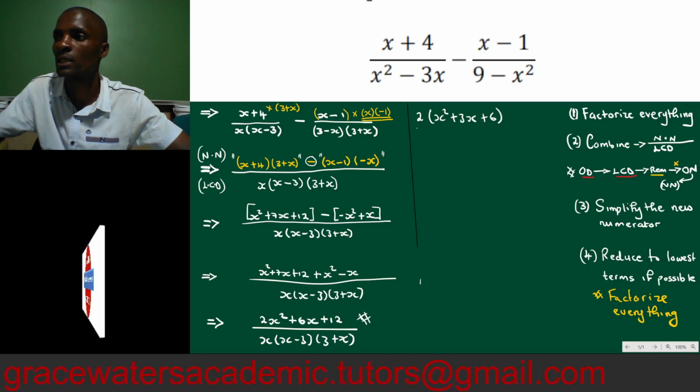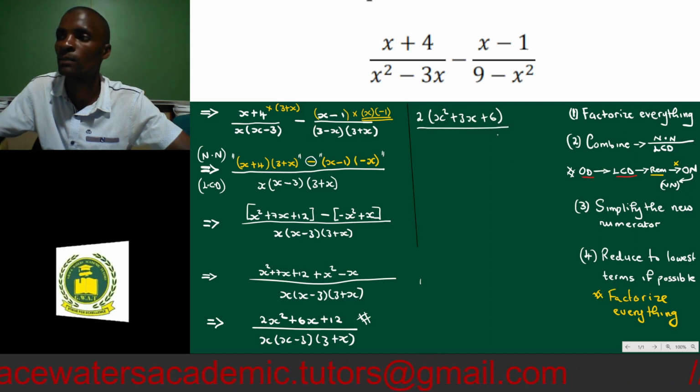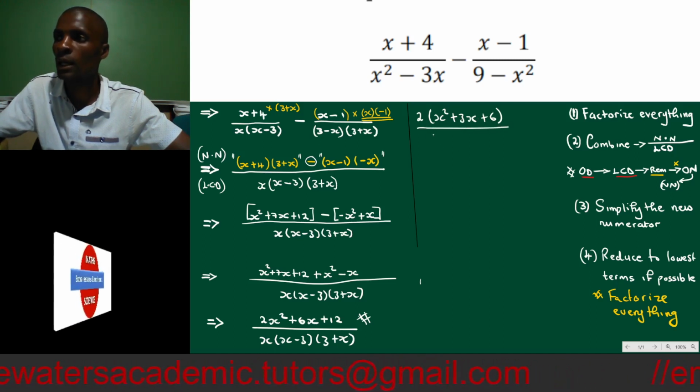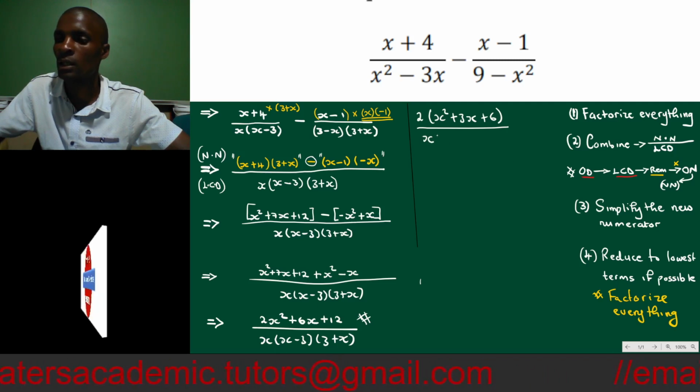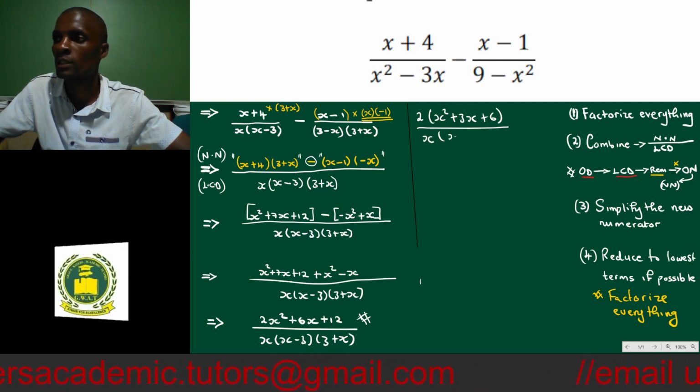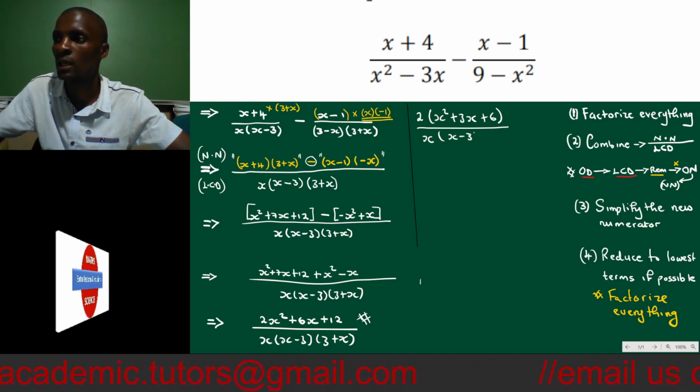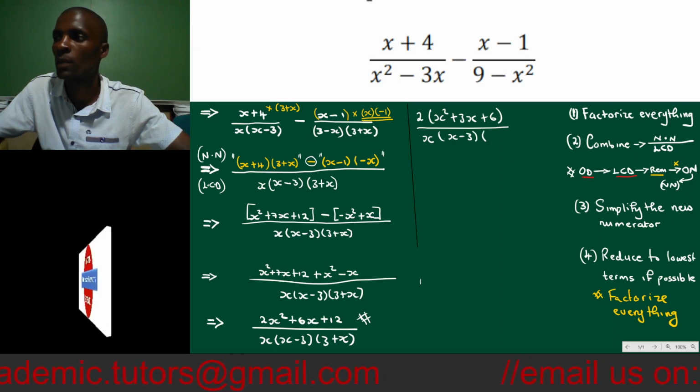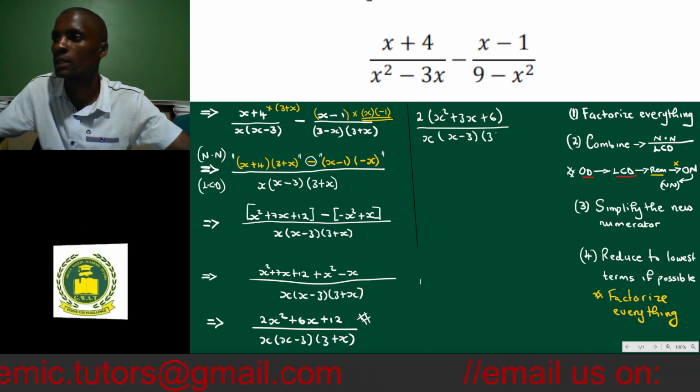We close it, and then all this over x into x minus 3. We close it and then we open it, 3 plus x.